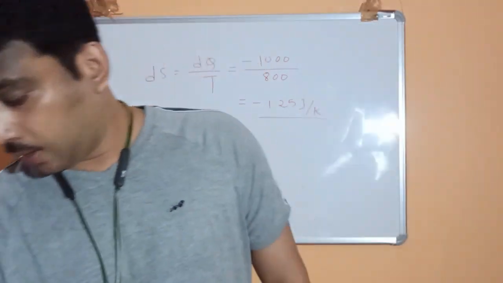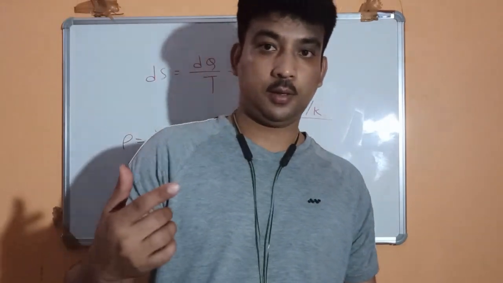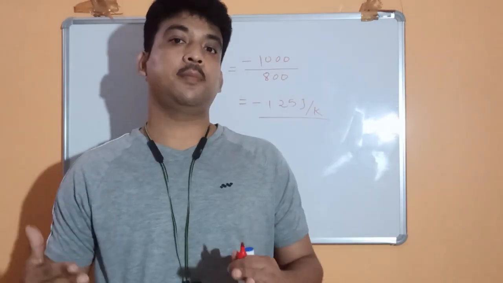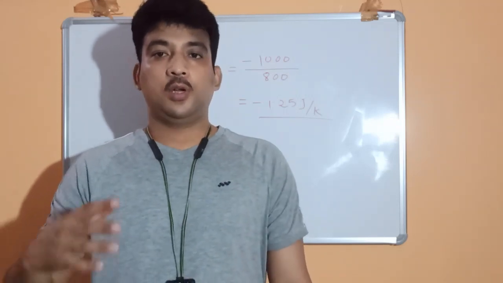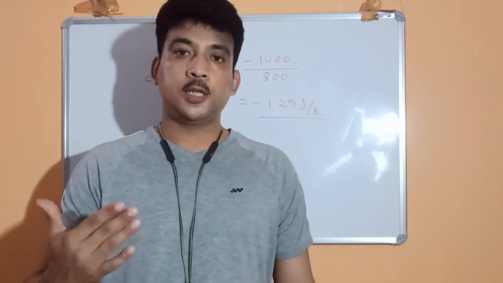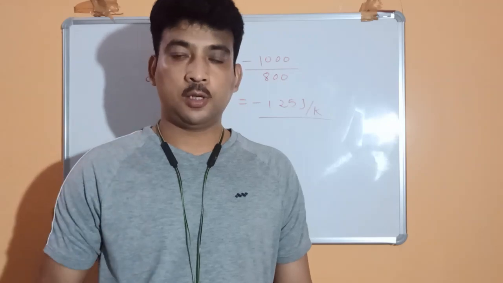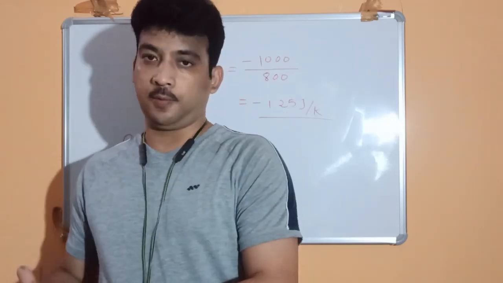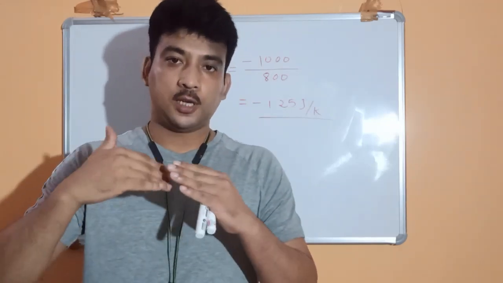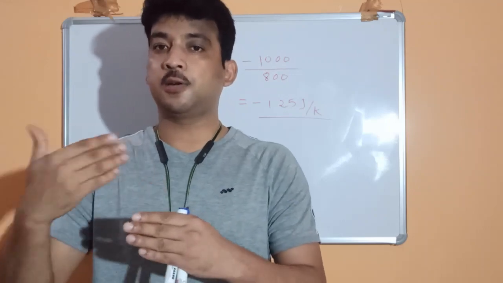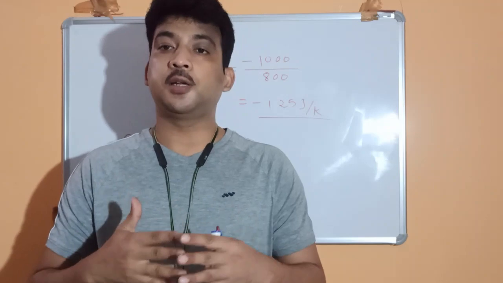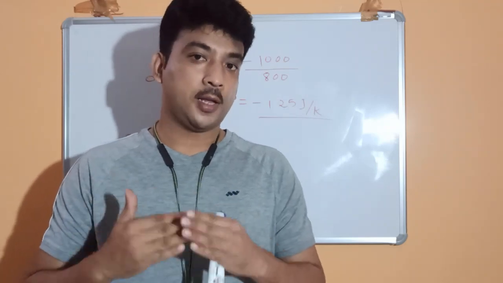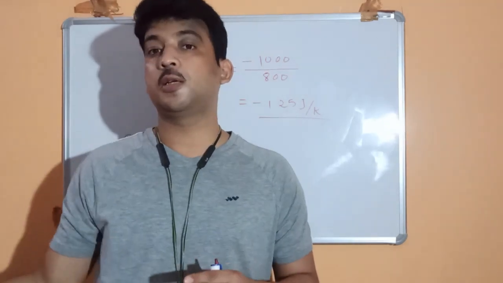What is entropy? Entropy is the measurement of unavailable energy. While defining the first law, we say that energy cannot be created or destroyed, it can be changed from one form to another. But whenever we do energy interaction, especially heat, what happens? The available energy decreases, because heat is a low grade energy and it cannot be completely converted into work.